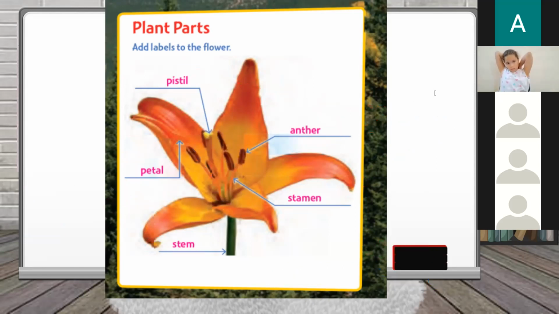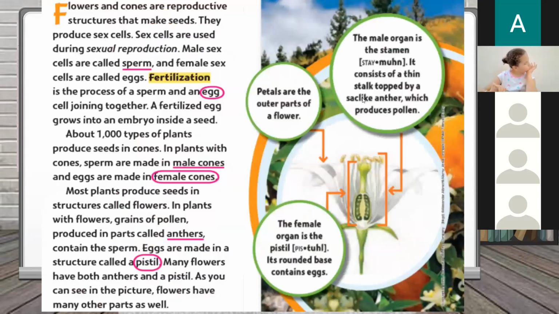Let me put another picture of a flower for you. Look at this flower. Can you see this flower? Yes, okay, very good. This flower can show you the female part, which is this one in green. I'm going to put a circle on it again.